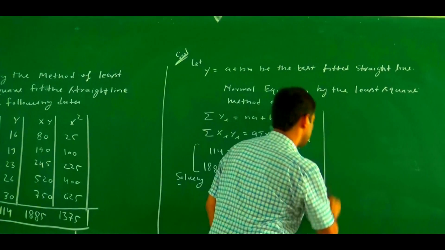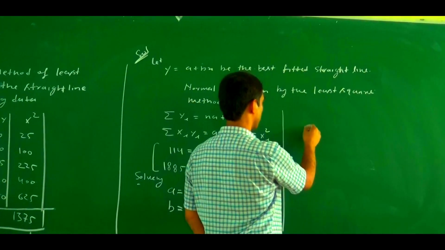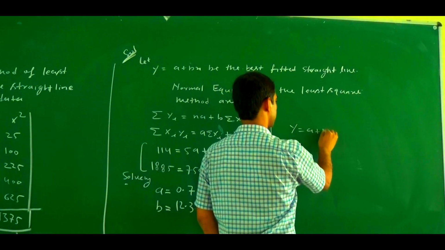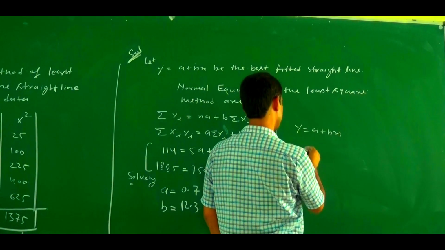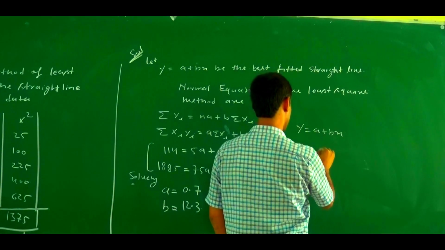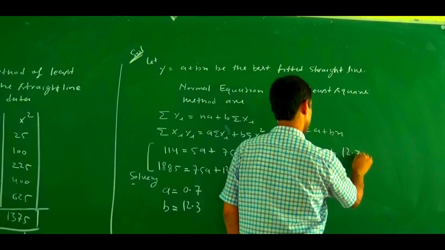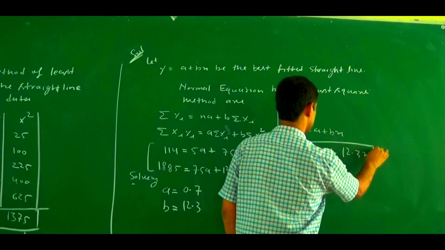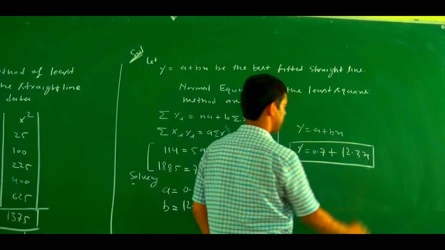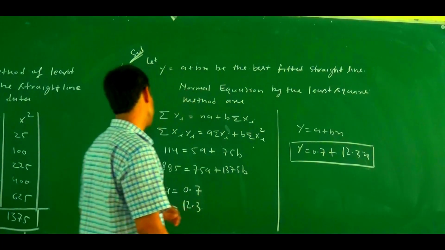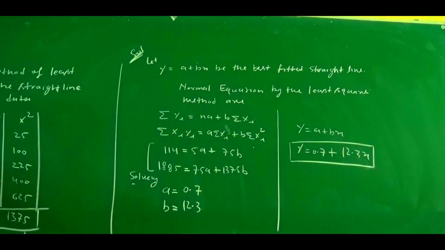So what is the best fitted straight line? y equals a plus bx. Putting in the values of a and b, y equals 0.7 plus 12.3x. This is the best fitted straight line by the method of least squares, which satisfies this data.